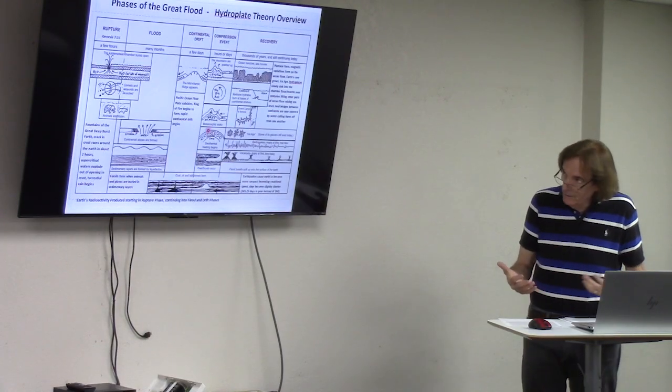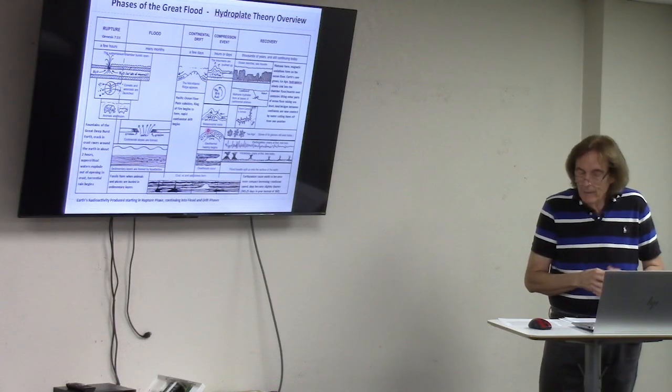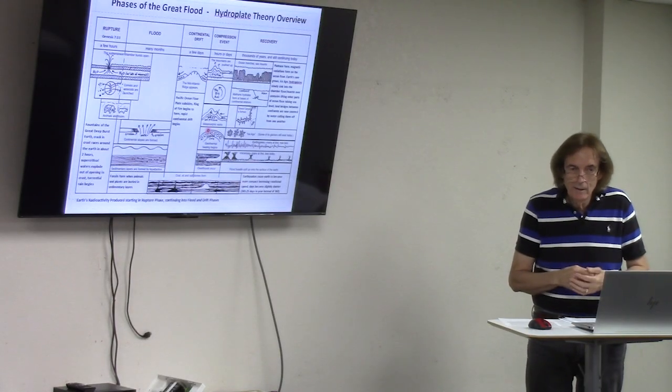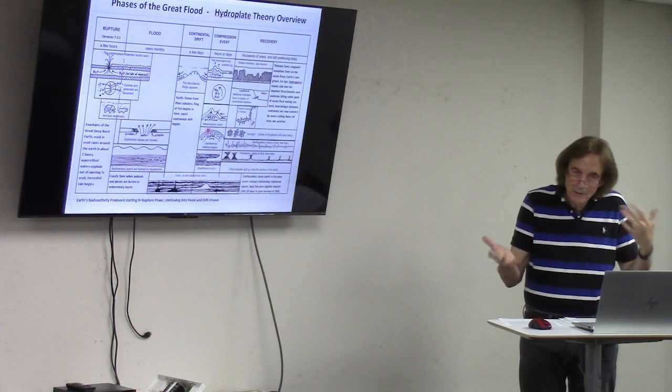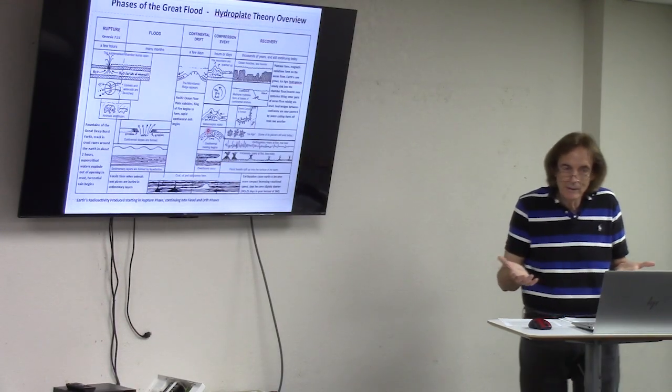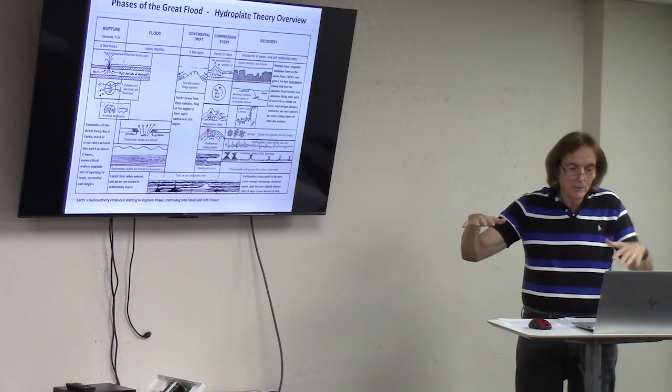And then we'll also see plateaus form, like the Kaibab Plateau here in Arizona. We see different plateaus that don't seem to make any sense whatsoever. But what forms plateaus is huge mountains with lower areas next to them.